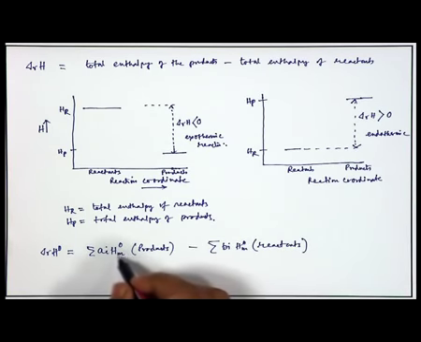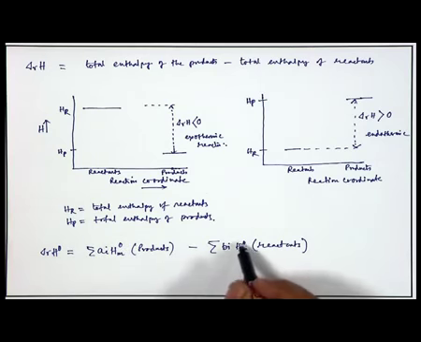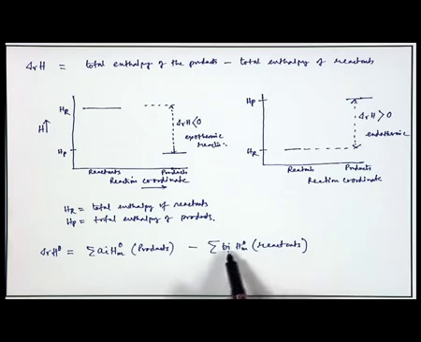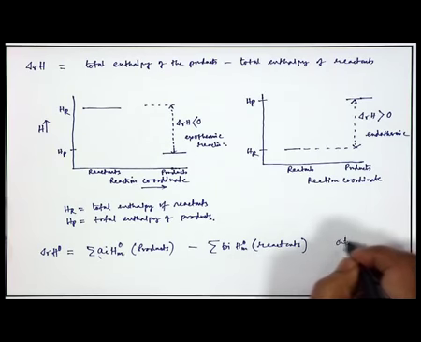These are standard molar enthalpies; if you multiply by the number of moles, which are the stoichiometric coefficients in the balanced reaction, this gives you the standard heat of reaction, where both the reactants and products are in their standard state at a particular temperature T.